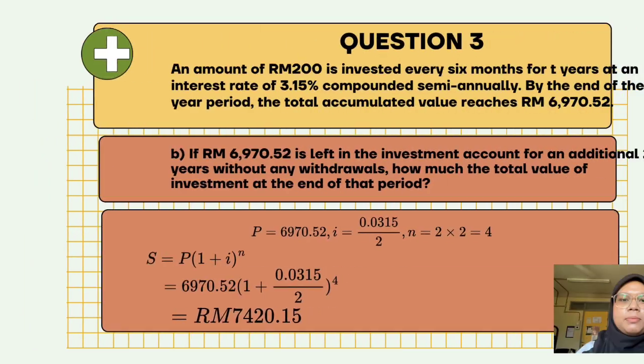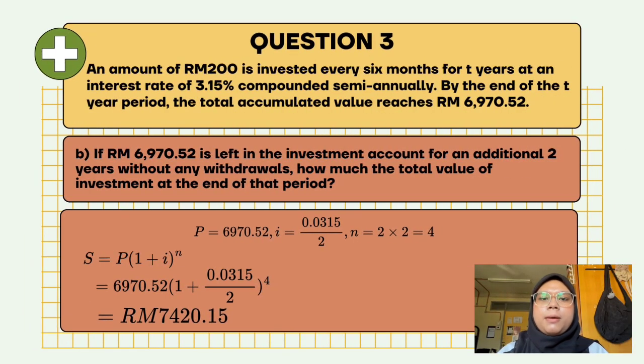6,970.52. This part is about compound interest on a lump sum. Since no more payments are being made, we just apply the basic compound interest formula. The formula we use is S equals P times (1 plus i) to the power n. P is 6,970.52, i is 0.0315 over 2, and n is the number of compounding periods over 2 years, which is 4.